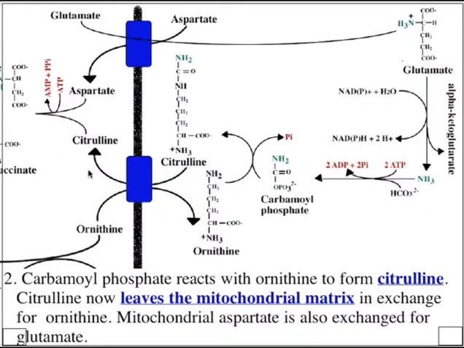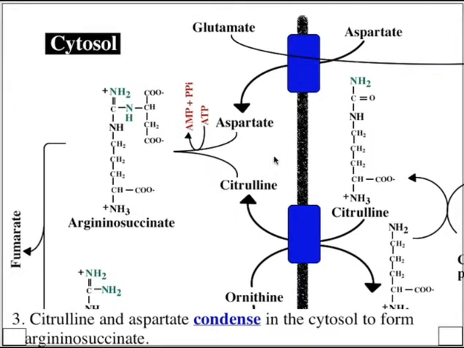Now, citrulline is going to swish out into the cytosol, and in the next step, we'll look at the fact that citrulline reacts with aspartate, most often that originated in the mitochondrial matrix and was exchanged for glutamate in the glutamate aspartate translocase. So aspartate and citrulline react with one another in another endergonic, very energy-consuming reaction that consumes an ATP.